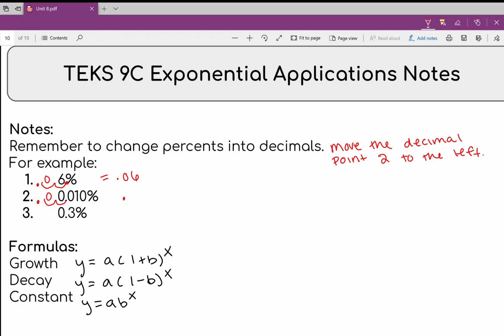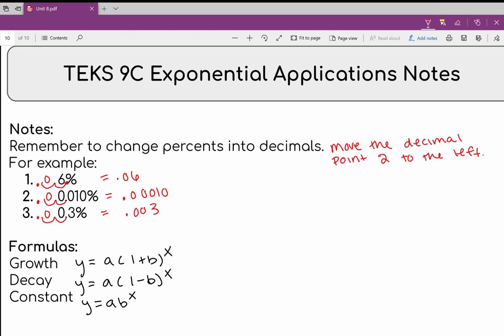So this is 0.0010. Now 0.3% into a decimal, 2 decimal places to the left, 1, 2. So this would be 0.003. We have to keep that in mind when we are dealing with our problems.